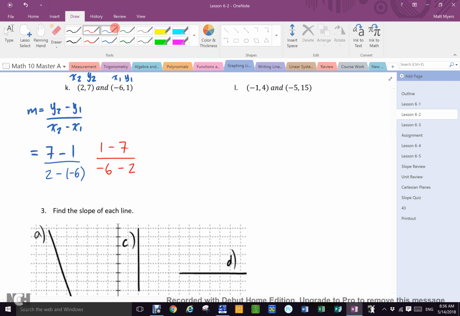What is 7 minus 1? 6. What is 2 minus negative 6? 8. What is 1 minus 7? Negative 6. What is negative 6 minus 2? Negative 8. What do two negatives give me when I divide them? Positive.